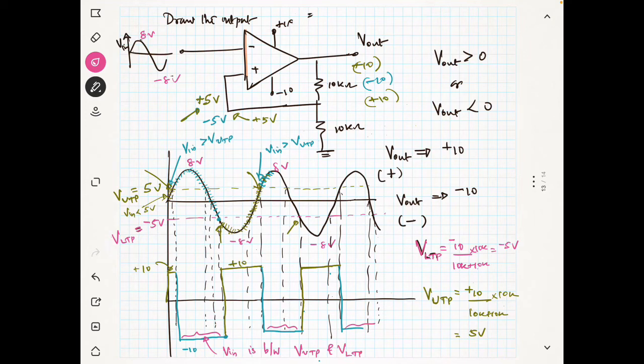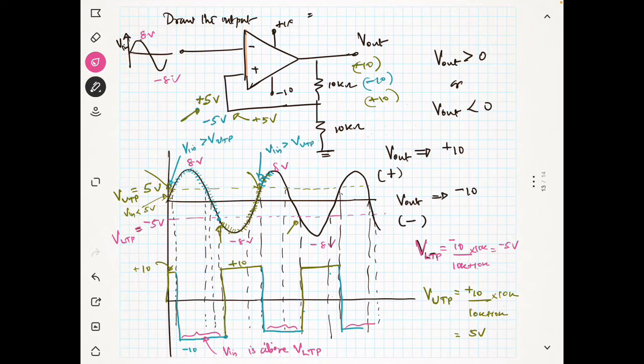Your input is above VLTP. Your Vin is above VLTP.